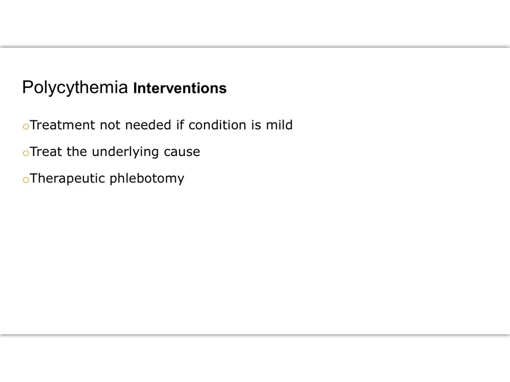Okay. If it's just a mild elevation, people probably will not be symptomatic, right? My athlete might want it and be doing really well. But otherwise, we're going to treat the underlying cause, figuring out what's going on. Is it the bone marrow?